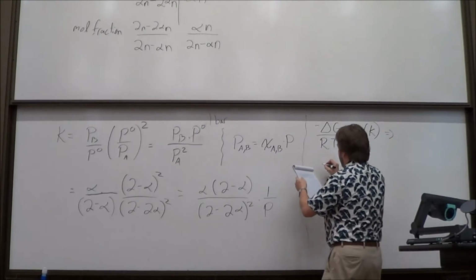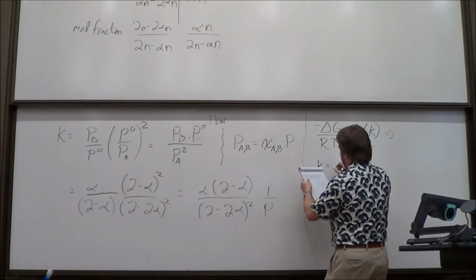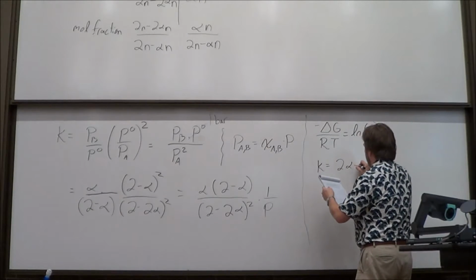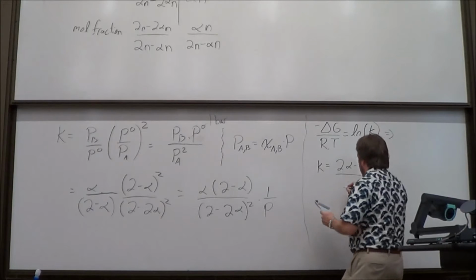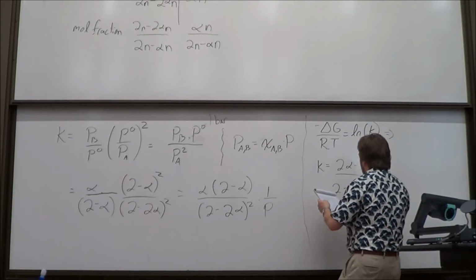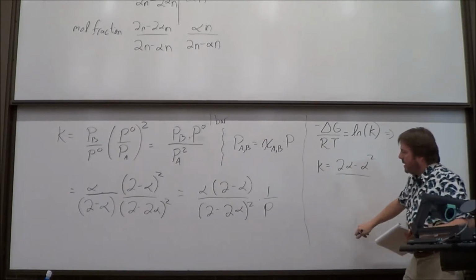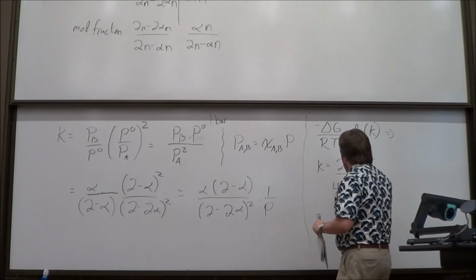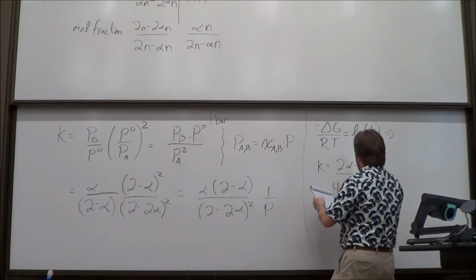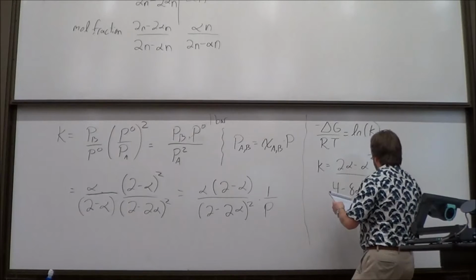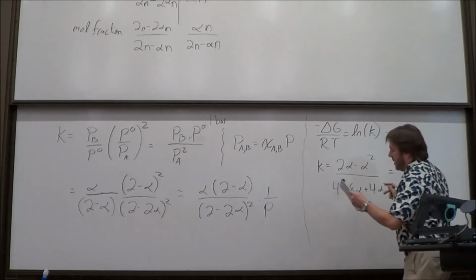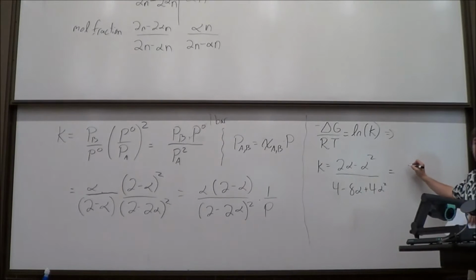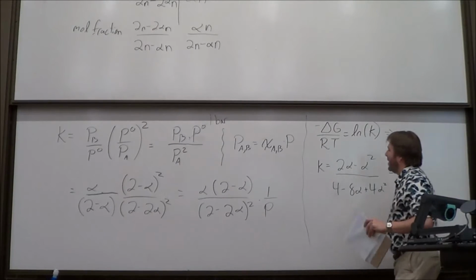Therefore, K is, again, 2 alpha minus alpha squared. I'm just carrying through that bottom part. Actually, let me expand the bottom. 4 minus 8 alpha plus 4 alpha squared is equal to e to the 0, which is what? 1, that's right, it's 1.